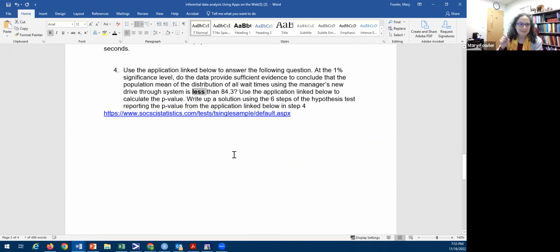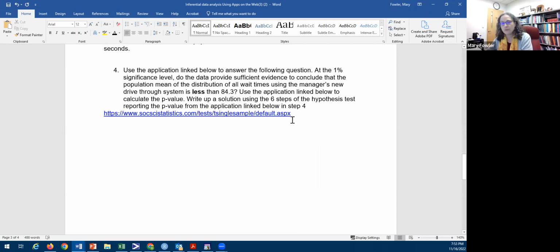So I grabbed the less than because we know that's the key word. We're asked to use the application to calculate the p-value, and we're going to present the solution using our 6-step hypothesis testing procedure.